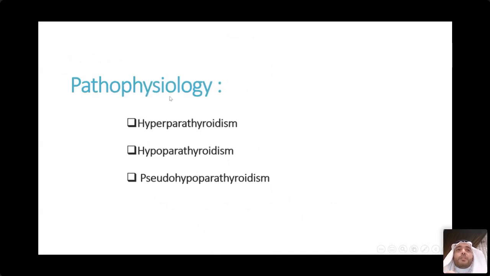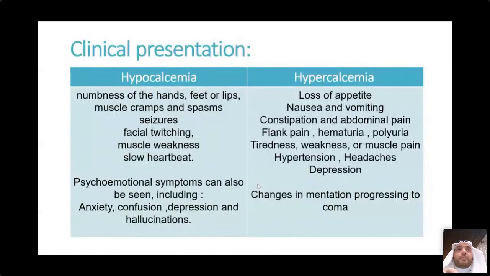The pathophysiology: we have either hyperparathyroidism, high parathyroid hormone, hypoparathyroidism, low parathyroid hormone, or pseudohypoparathyroidism, and I will talk about all of these. But before we talk, we need to know the clinical presentation.